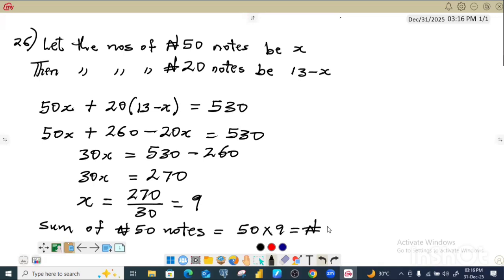They didn't ask us to find the sum. They asked us to find how many 50 naira notes. I was thinking of sum. Okay, we are good to go. So the answer is 9. That's option D.